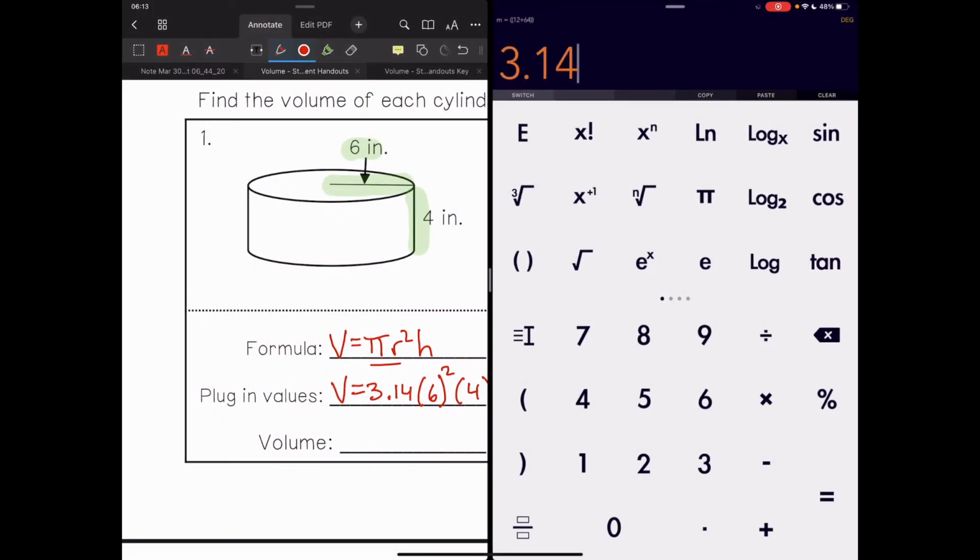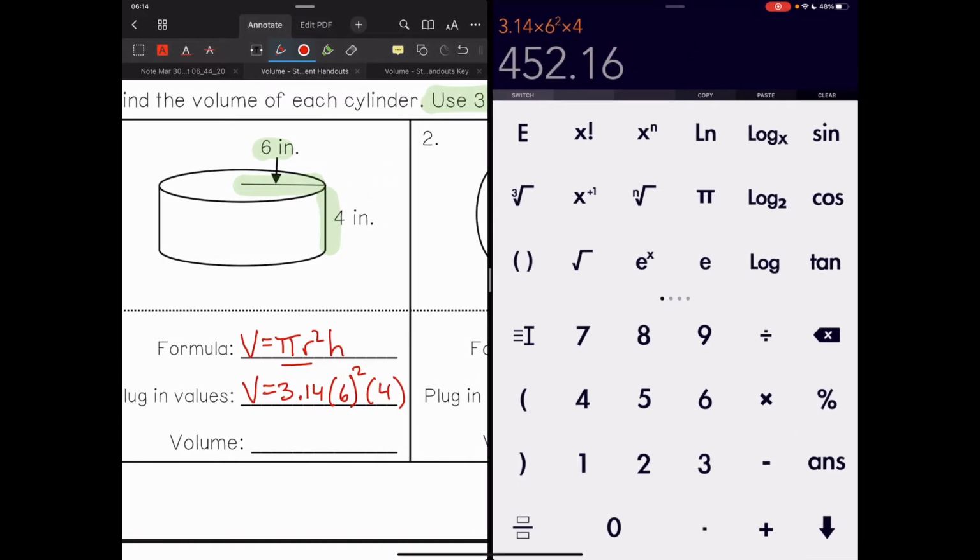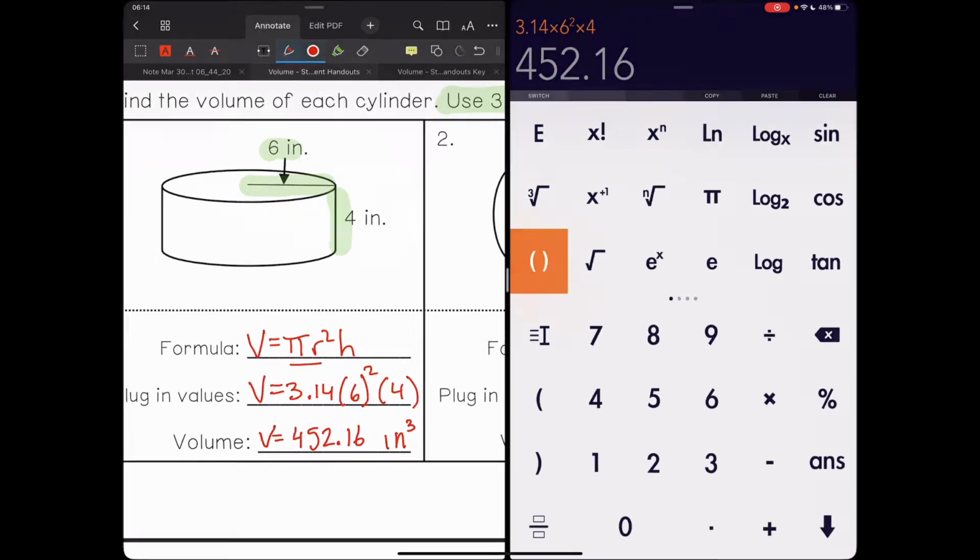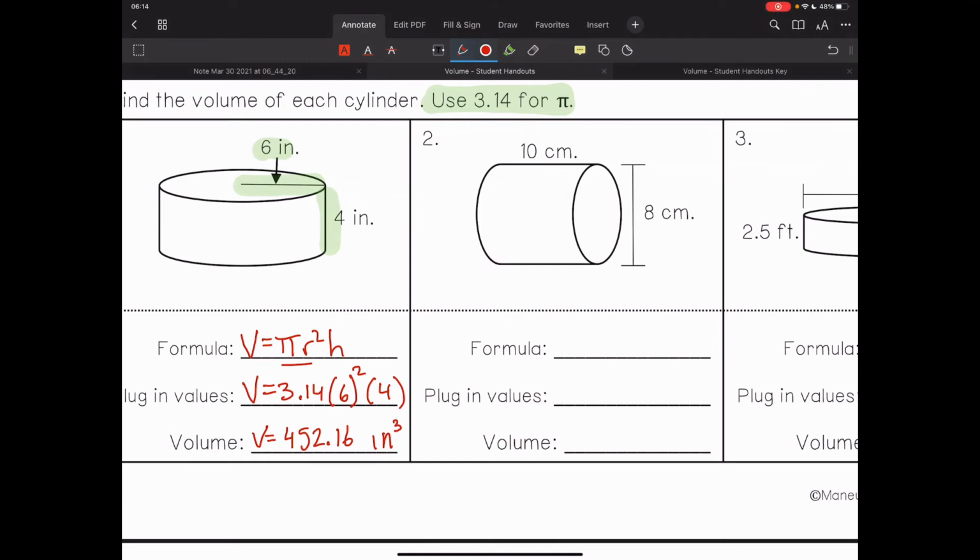We're doing 3.14 times 6 squared times 4, which equals 452.16. Now we have to use a label, and for volume the label is inches cubed because we're talking about three-dimensional objects. So we use cubed for that because of the 3 dimensions.